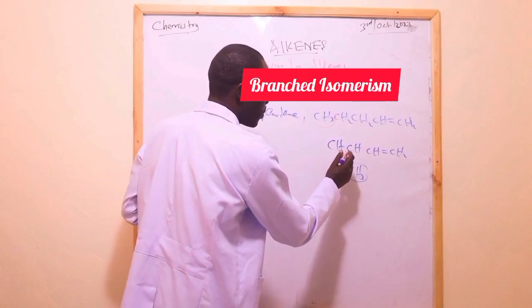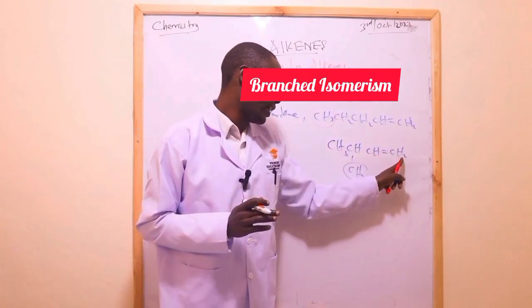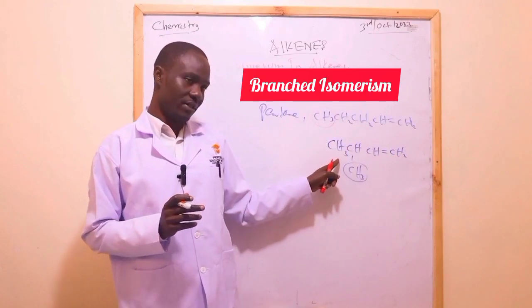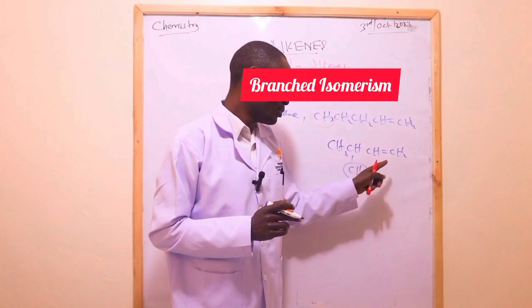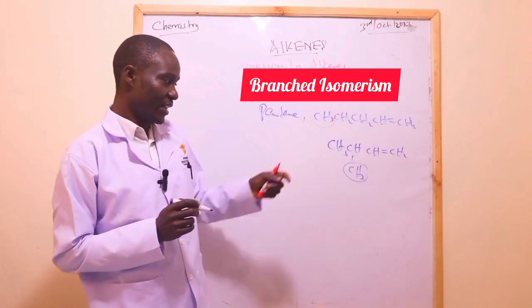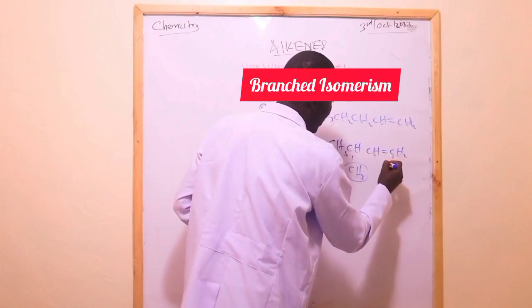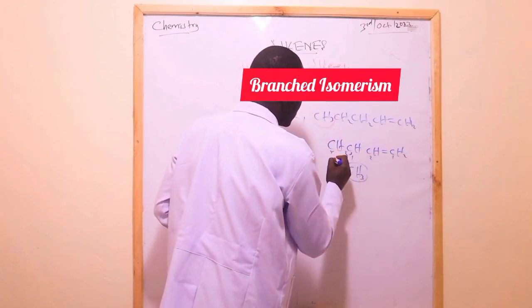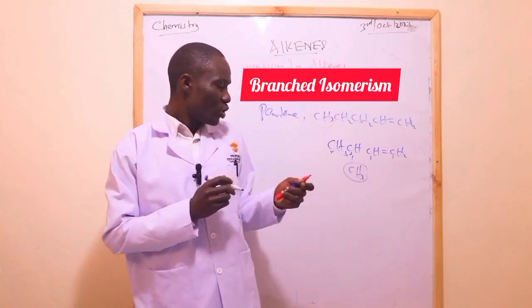So we must begin counting the number of carbon atoms from the side nearer the double bond, not where the branch is. That is a bit different from giving names in alkanes. So in this case, we shall be numbering from this side, because we have 1, 2, 3, 4.